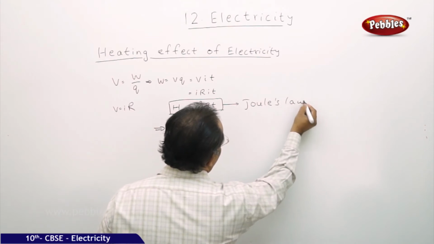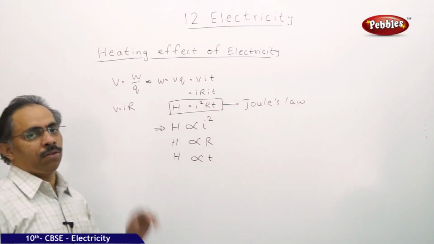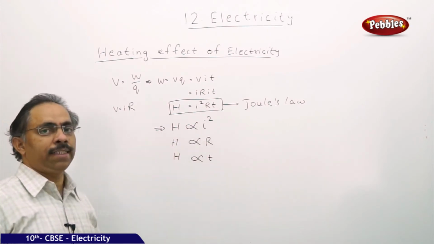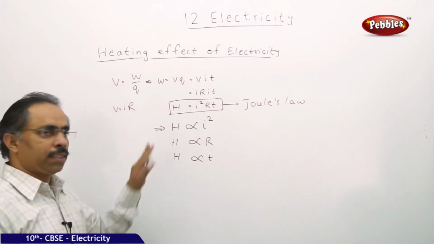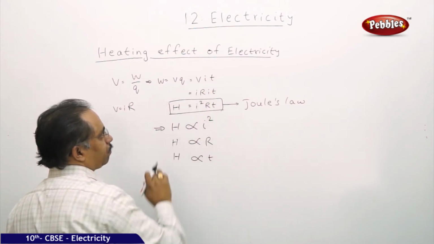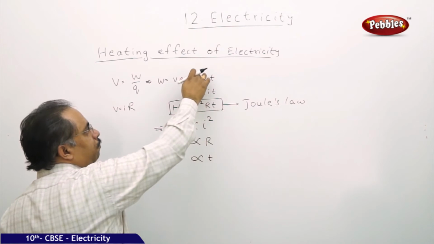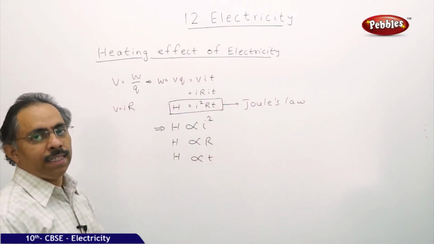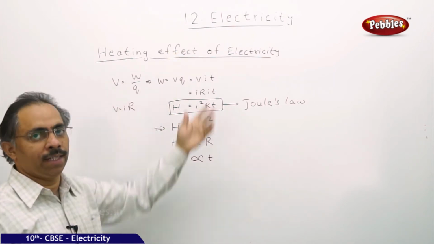Joule's law. We'll be able to find out, if I is the current passing through a resistor, the heat generated is proportional to the square of the current. Remember this point. If I take V I t, if I increase the potential drop, that means the V value is much higher.